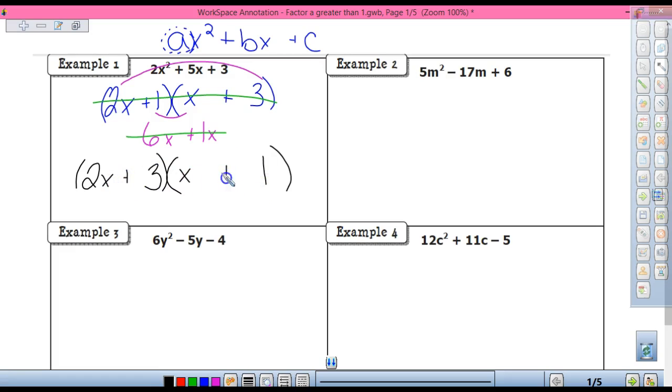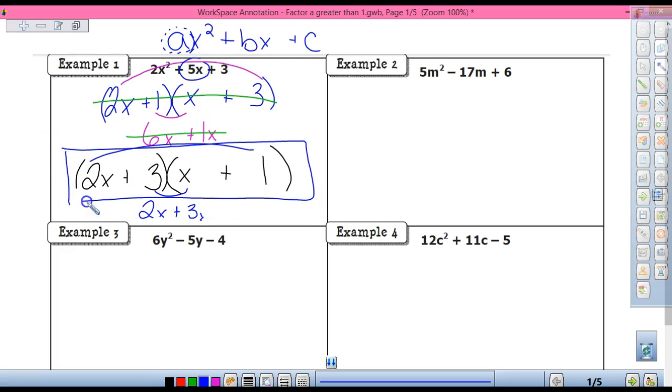So flip-flop those. Okay, and then check. 2x times 1 is 2x plus, and then you've got 3 times x is 3x. Does that get you to 5x? Yeah. So my factors are 2x plus 3 and x plus 1.